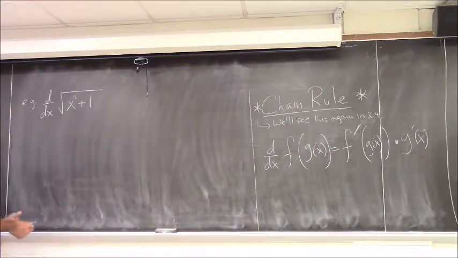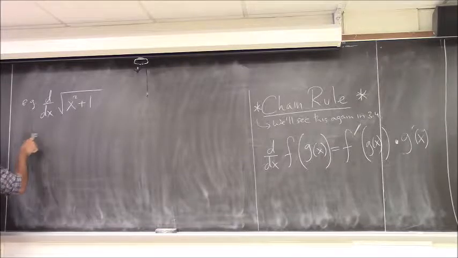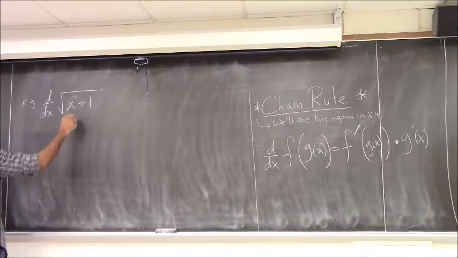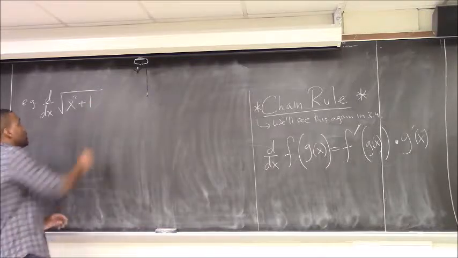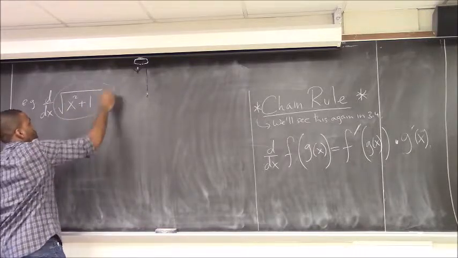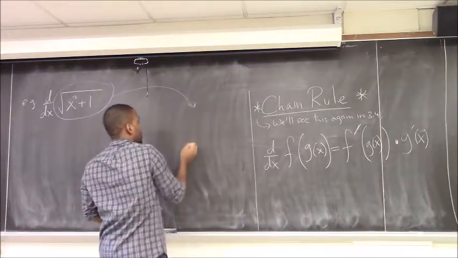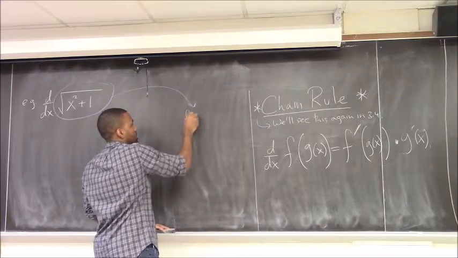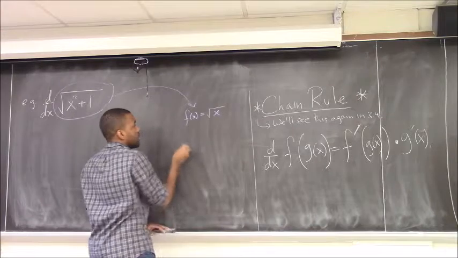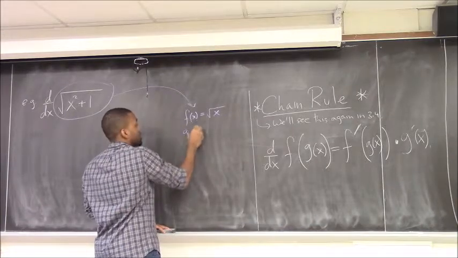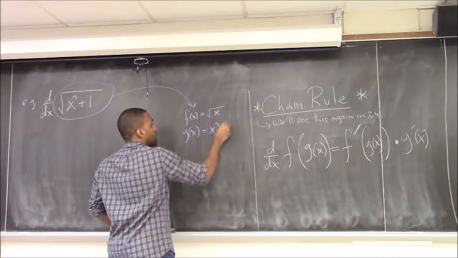But one thing is to realize, notice what is happening with this function here. It's like I had a function f of x, the square root of x, and a function g of x, which is x squared plus 1.